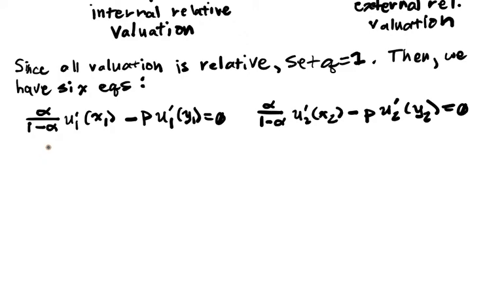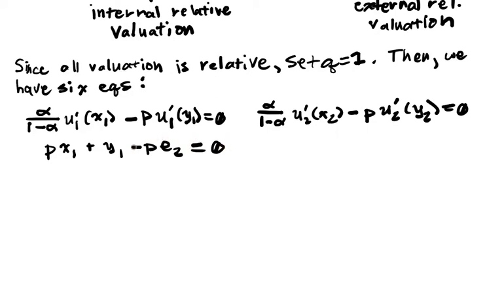Well, we've got p x1 plus y1 minus p e1 is equal to 0, right? So this was the equation that says that the price of good 1 times the amount of good 1 plus the price of good 2, which we've set to 1, times good 2 that consumer 1 gets, is equal to the total valuation.